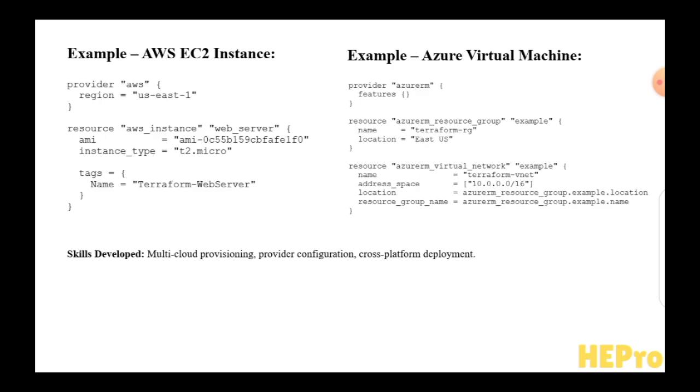By writing these Terraform files, you will learn multi-cloud provisioning, how to configure different providers, and how to deploy resources consistently across different platforms. This hands-on approach ensures you can automate infrastructure setup for both AWS and Azure, building a strong foundation in IaC and cross-cloud deployment. Let us move to the next slide for further discussion.